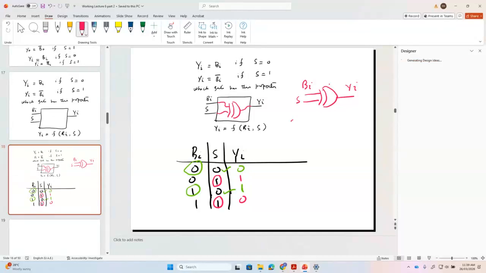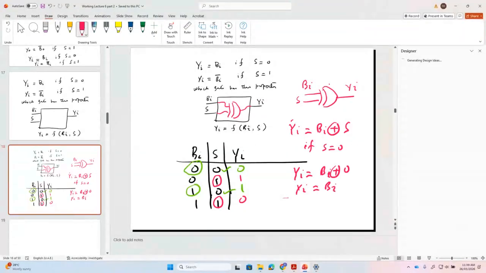If s is equal to 0, yi is equal to bi exclusive-or 0, which is actually yi is equal to bi.